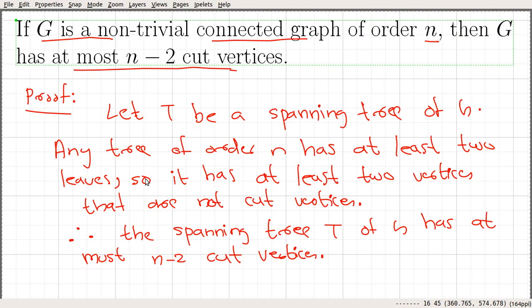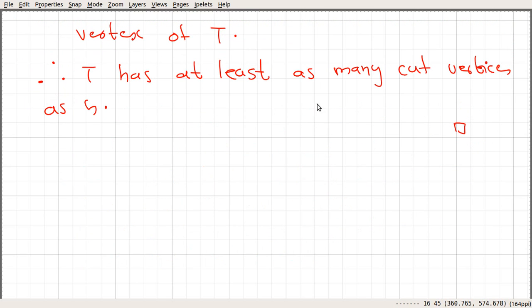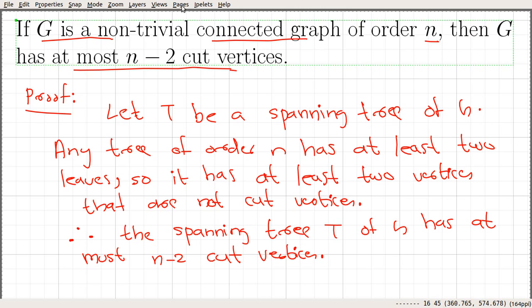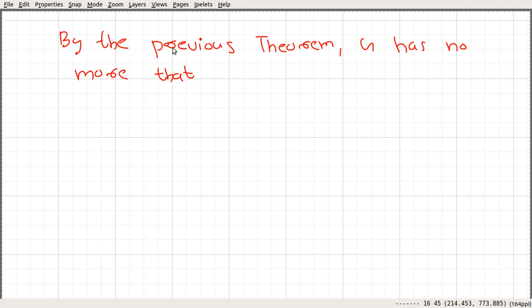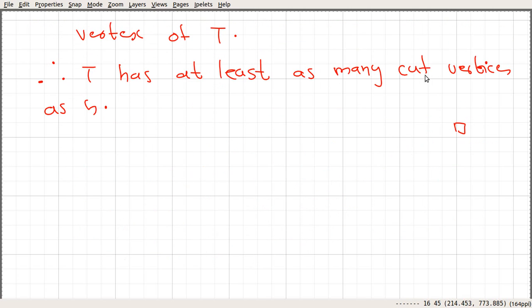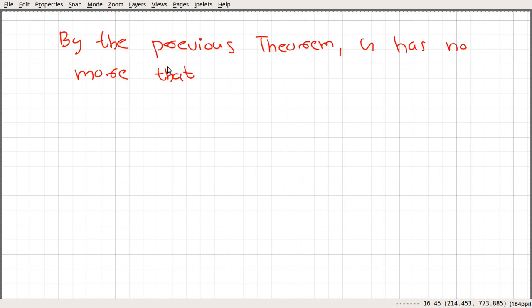By the previous theorem, T has at least as many cut vertices as G. So just invoke that theorem.